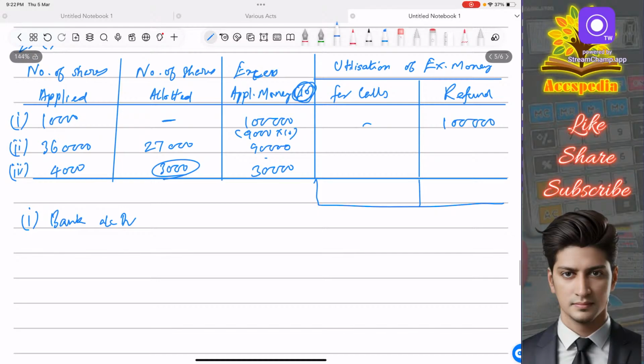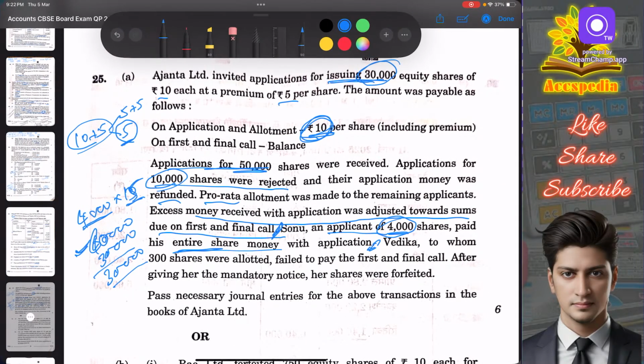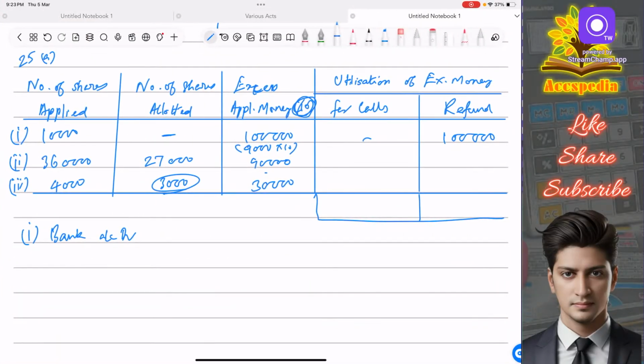Now how much is required for allotment? Sorry, call is 5 rupees only. But how much is excess money? 3,000 into 5 only is required for the next installment, first and final call. 15,000 only required, but how much do we have? 30,000 we have.